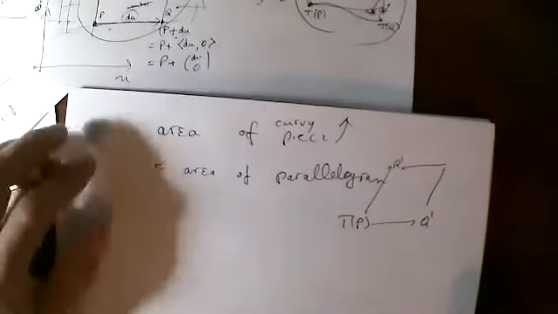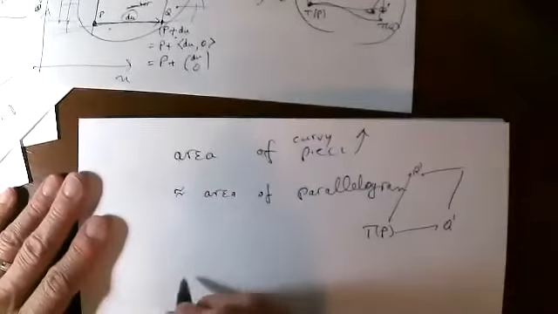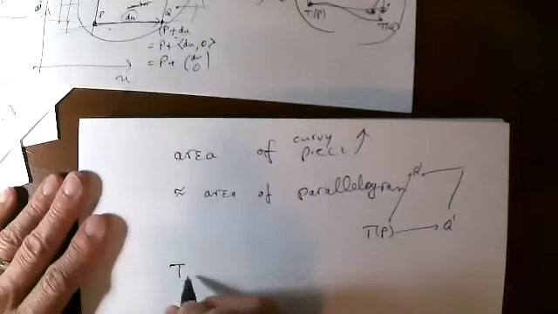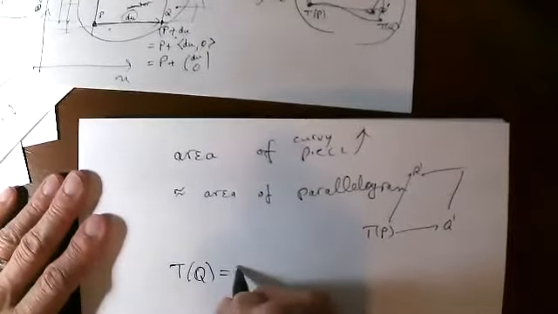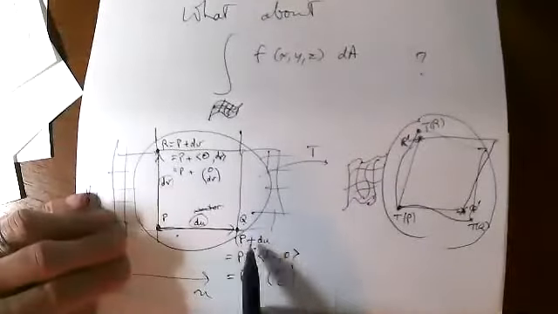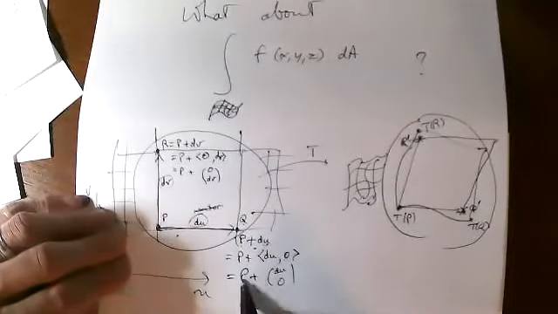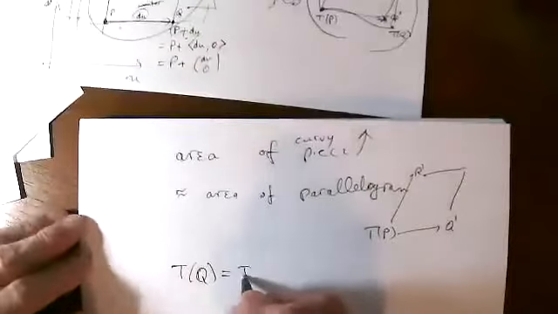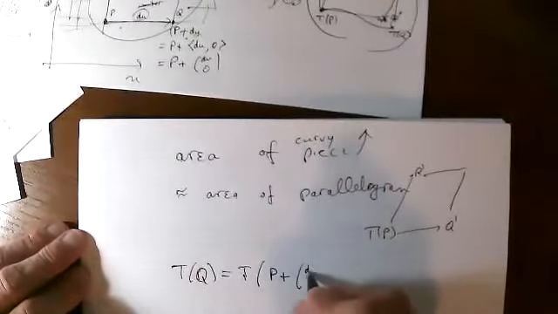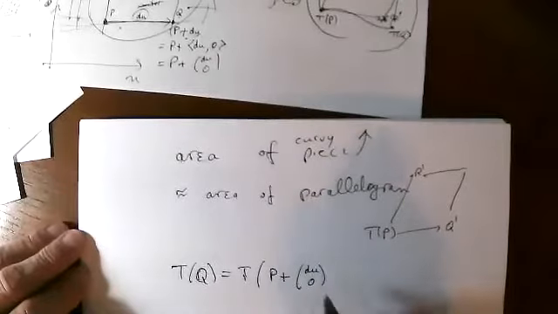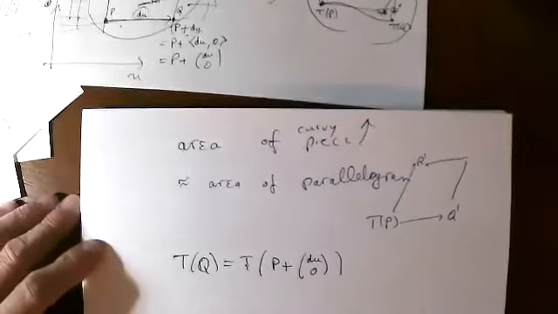So what exactly do I mean by Q prime and R prime? Here again, I'm going to use the formula that puts derivatives into this. When you want to compute T(Q), you go back to this picture and say, well, Q is P plus a small displacement. It's P plus this vector, a little column vector that I'll write as du on the top and 0 on the bottom.